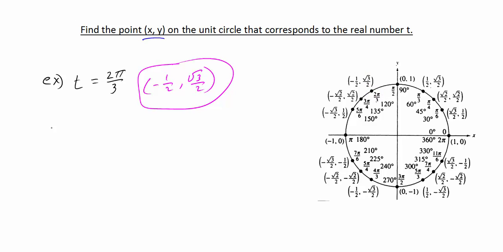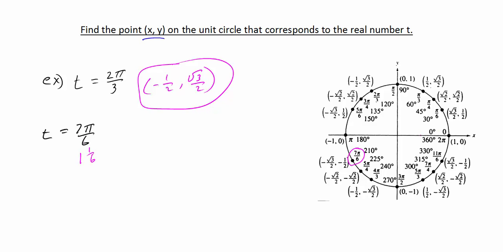Okay, so let's try another one here. Let's say that they give us the number t is equal to 7 pi over 6. Now we need to locate where is 7 pi over 6. Once again, if we go over here to the circle, we can easily see right here is 7 pi over 6. And once again, we could actually divide this. 6 into 7 would be 1 and 1/6.